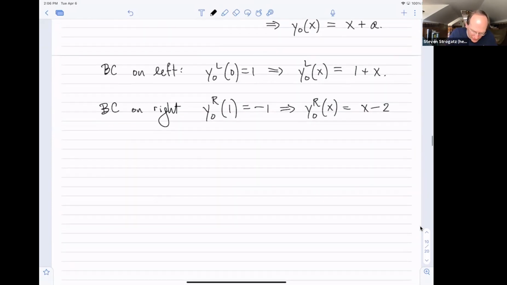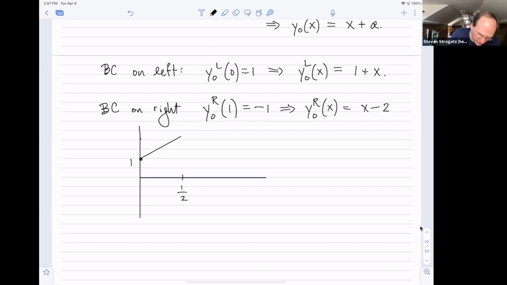So the sketch is that those two together look like this. That goes up. We stop here at 1/2 where we think the layer is. This was at 1. It's going up with a slope of 1.